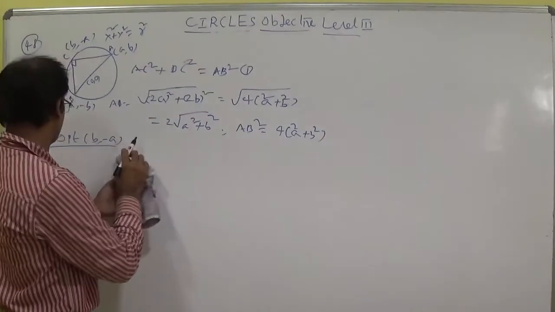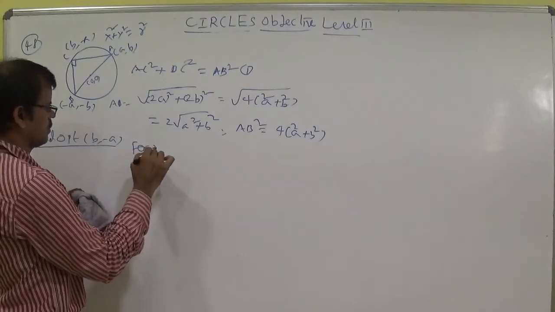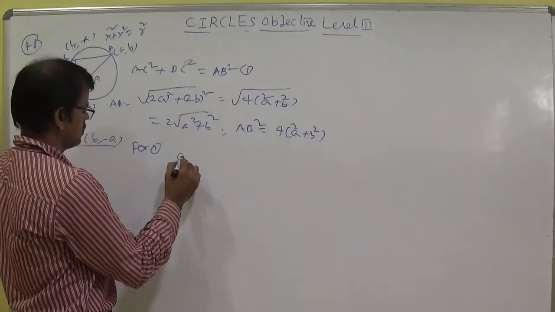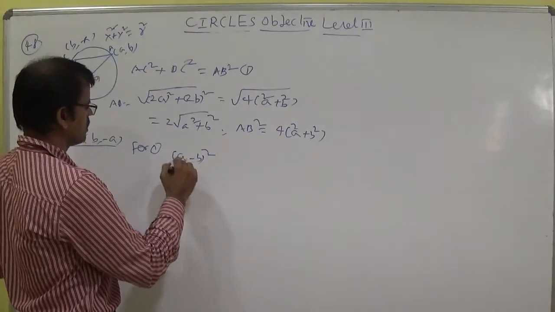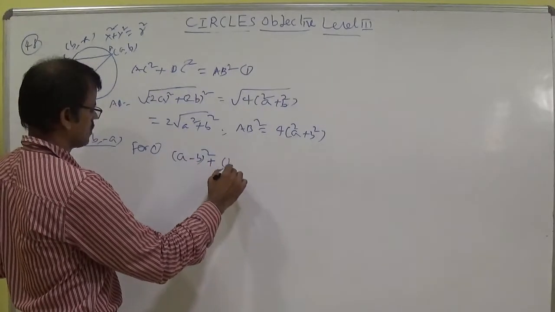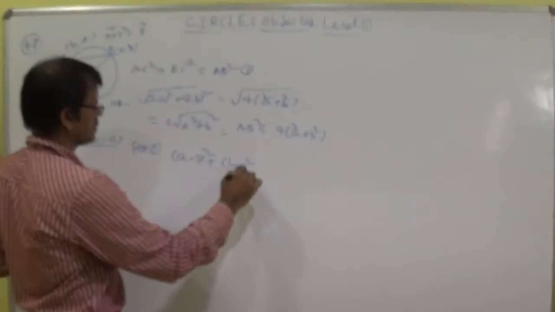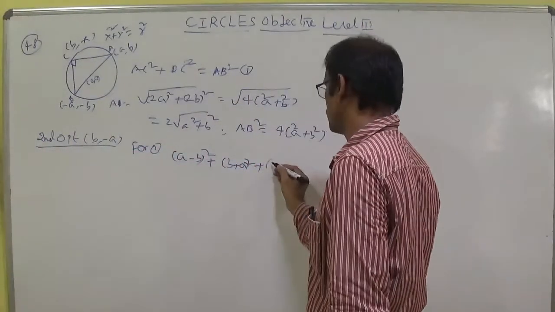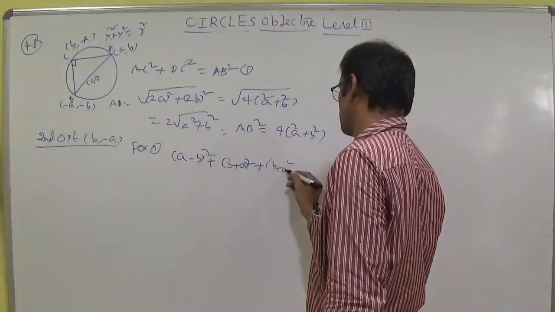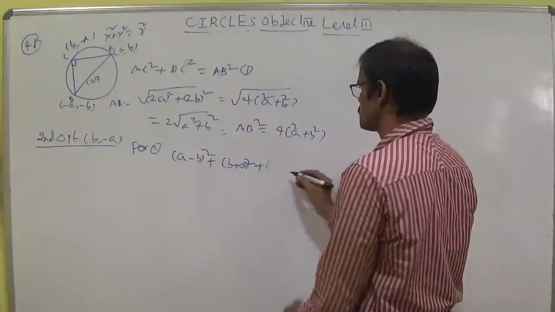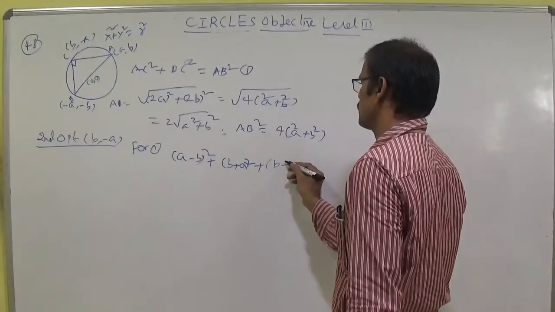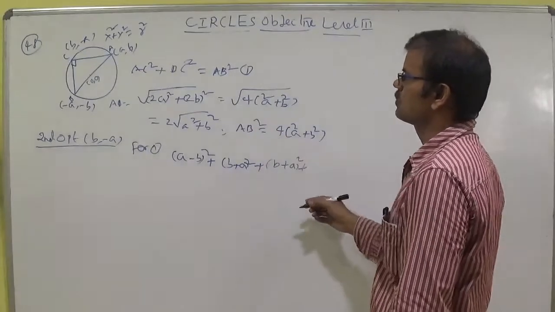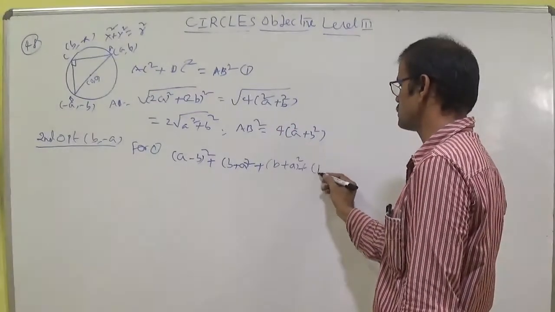Now for AC square, I am writing, don't write root. AC square means here A minus B whole square plus B plus A whole square, plus B plus A whole square plus minus A plus B whole square.